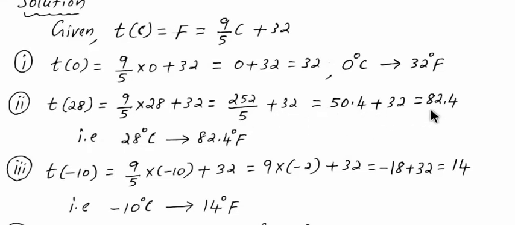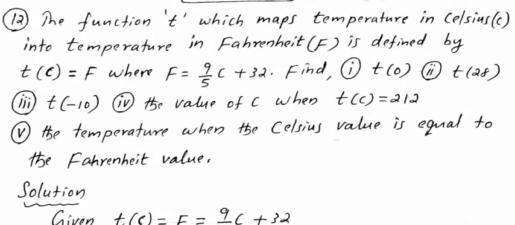Then add, you will get 82.4. It means 28 degree Celsius is equal to 82.4 degree Fahrenheit.